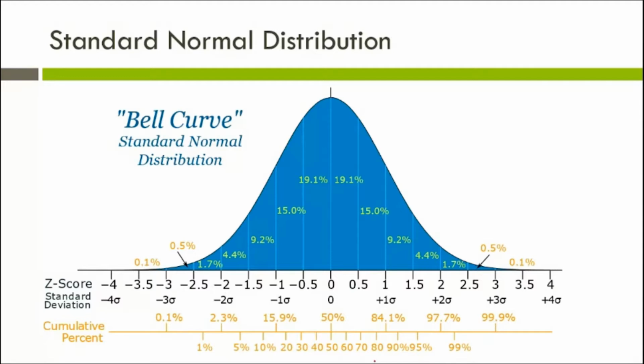Now let's start first with analyzing the figure here, this curve. Now we know that based on the mean, if this is our mean, the left side is symmetric to the other side.